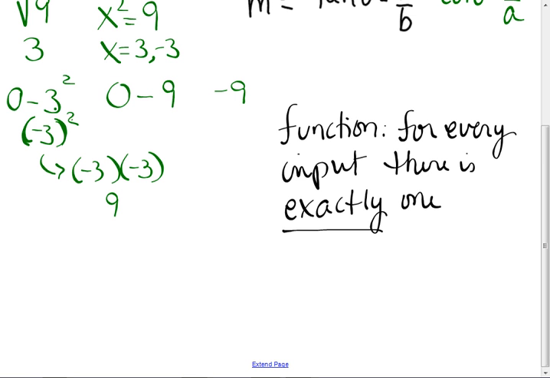All these words do connect. This is not separate from an English class. So for every input, there is exactly 1 output. One of the teachers complained they had another couple students and they didn't have enough desks. They didn't have a function there either, because for every student, there has to be a desk. Depends on how you look at it.